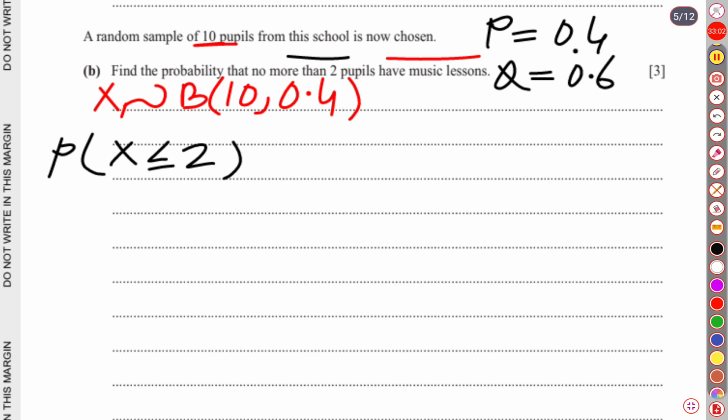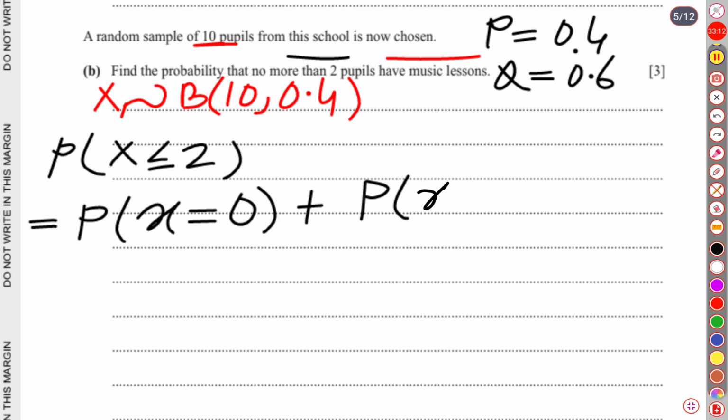So it means there may be none of the students who took music, or there might be only one student who took music class, or there might be two students maximum who took music class. So this is the scenario.